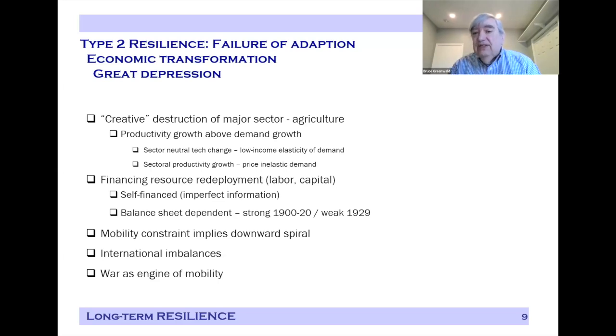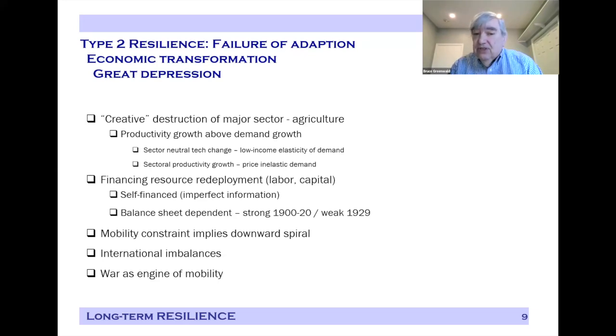So when prices fall in the summer and fall of 1929, those farmers are not able to move. The farm labor is not able to move. And that's actually what you see, and I'll talk about the data in a second: migration in the late 1920s goes to zero.